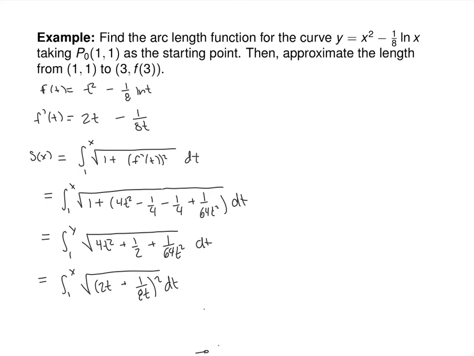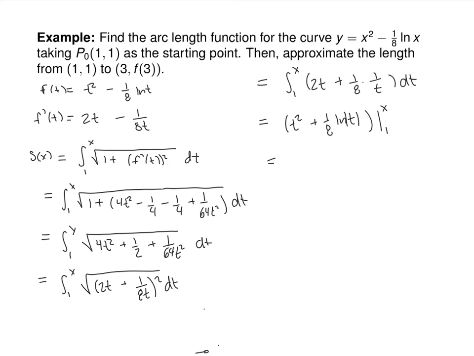And now the square root can cancel with the squared. We have the integral from 1 to x of 2t plus 1/8 times 1 over t dt. Now anti-differentiate, and we have t squared plus an eighth ln of t, absolute value, evaluated from 1 to x.